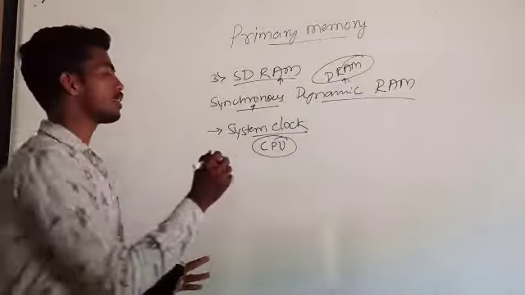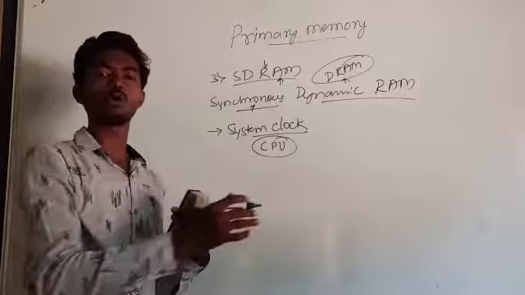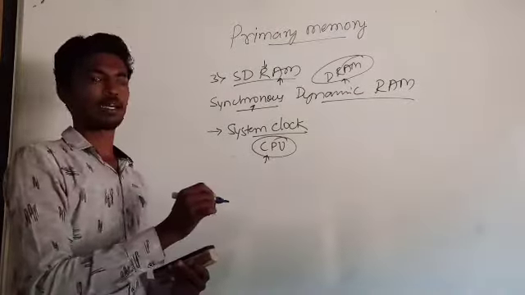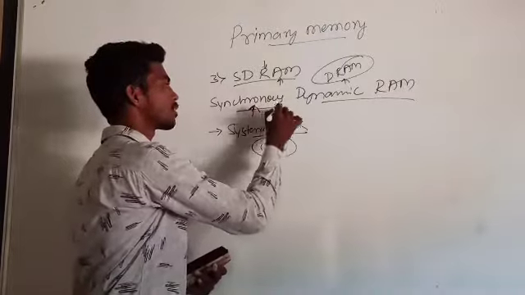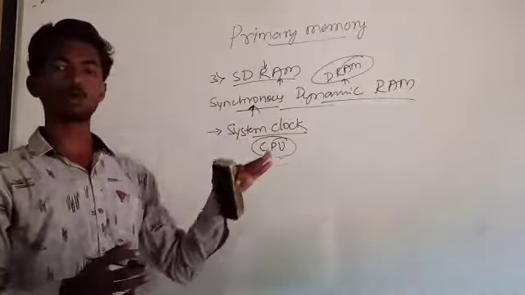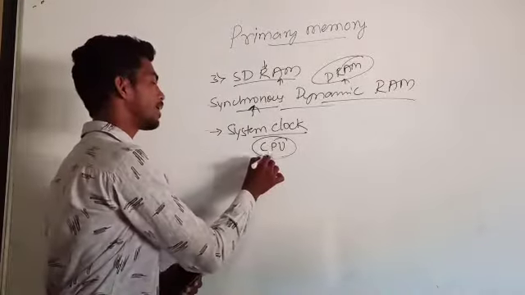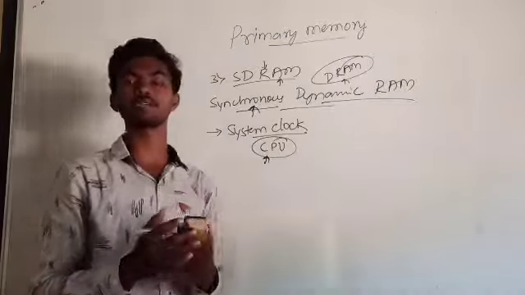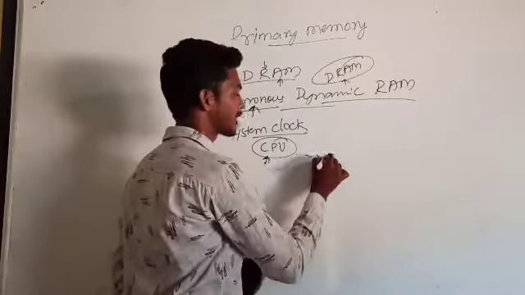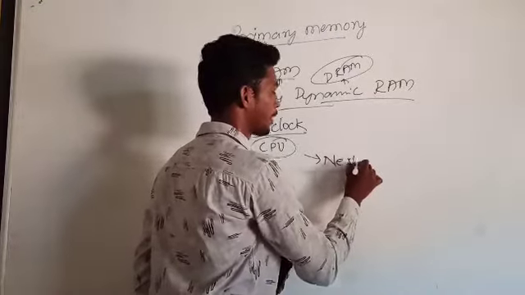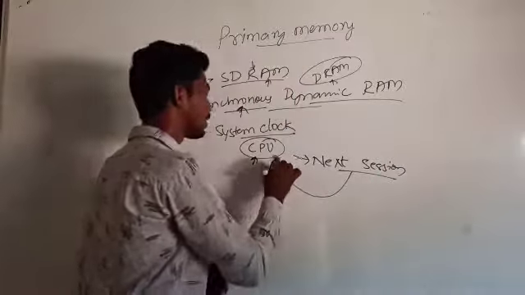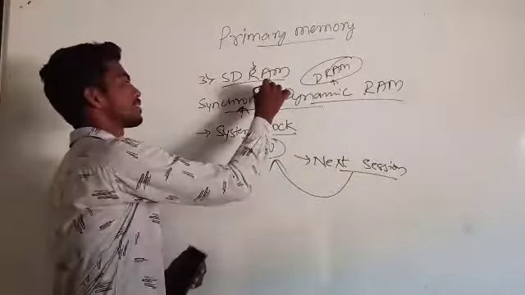That helps the RAM to know the next data requirement of the CPU. As it is a synchronous dynamic RAM, it is very helpful in knowing what data is needed by the CPU in the next clock cycle. Which data is needed by the CPU is directly known by the SDRAM.